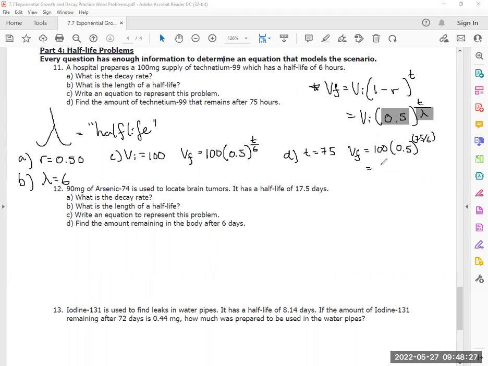So I will do that. Please practice this. If you have a calculator, just go that extra mile and try it, because the exponent is a fraction. I want to make sure no one's making any BEDMAS mistakes on their calculator.